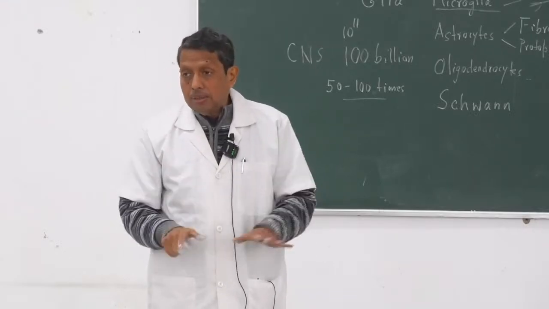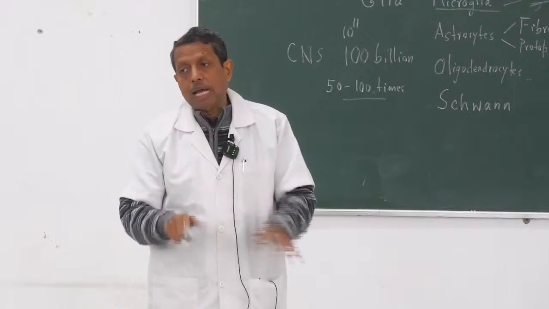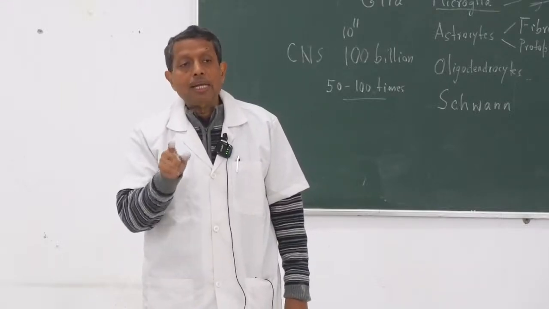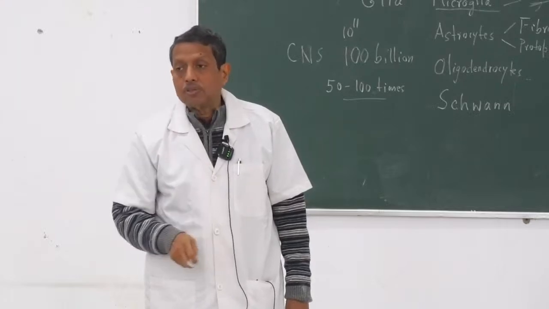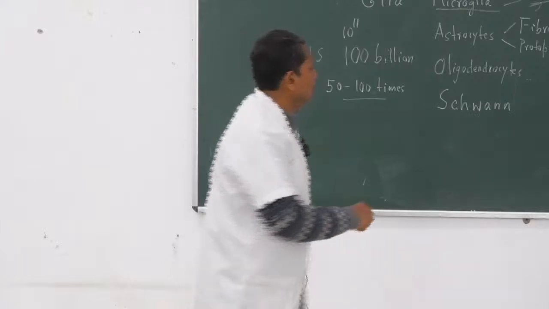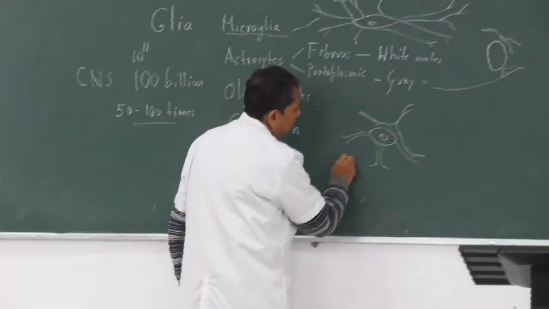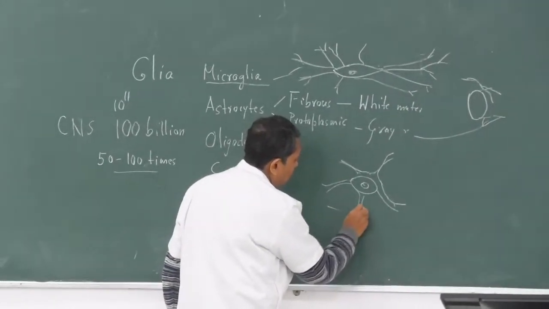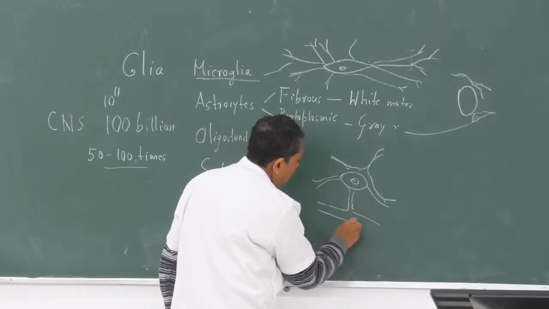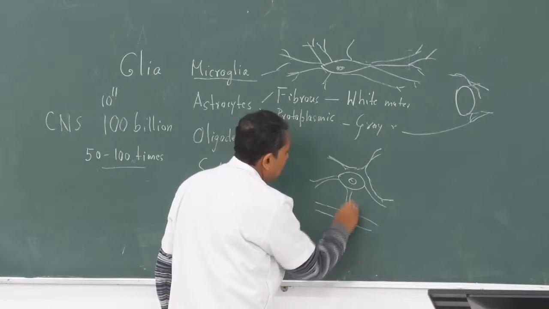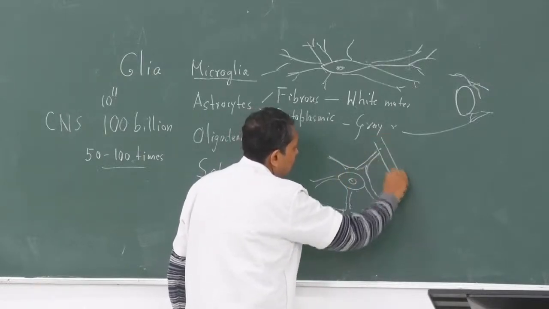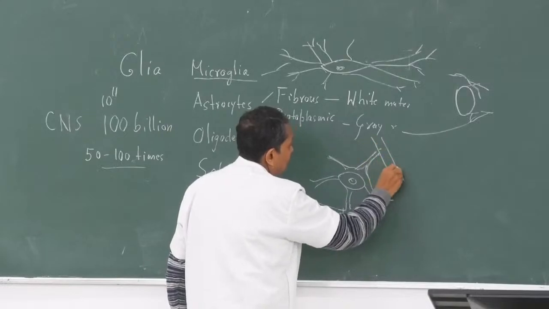They spread out five or six processes, by means of which they take part in the myelination of neighboring axons in the gray matter. Suppose this one is responsible for myelination of this axon, and another axon, so different segments.